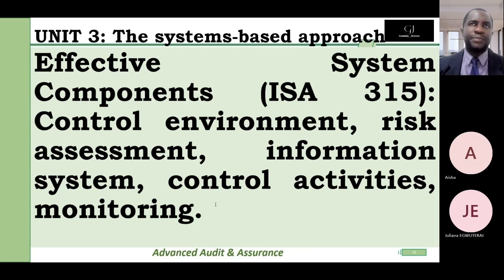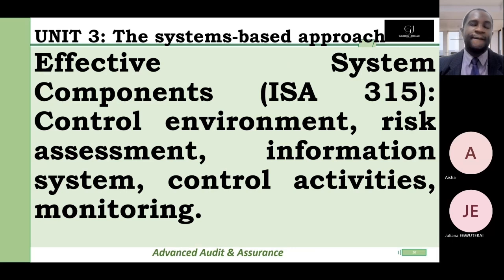So it speaks to the risk assessment process of a company and how they place particular emphasis on management of risk in identification, assessment, and response to risk that will prevent them from achieving their objective. So generally, risk management is proactive, and they try to identify risk and nip them in the bud before they crystallize. So this is very, very important for the second component.